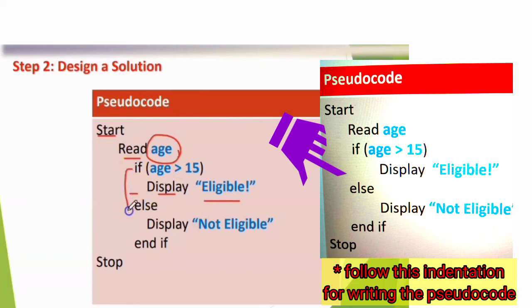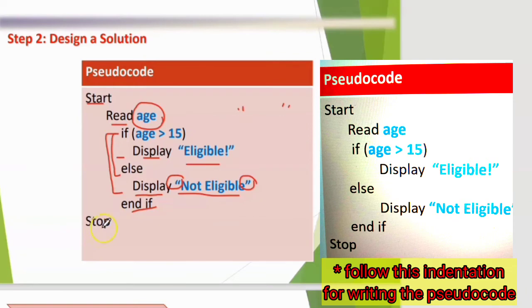Then else display not eligible. Any messages that you want to display, make sure you put the double quotes. Then end if, don't forget to write stop.